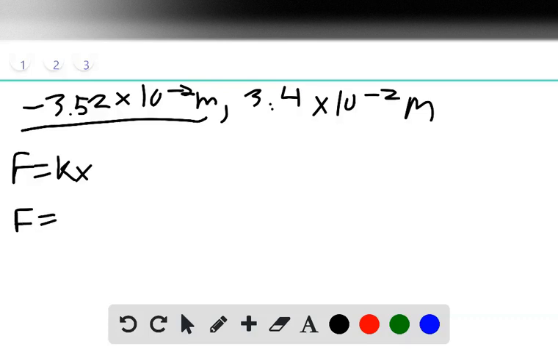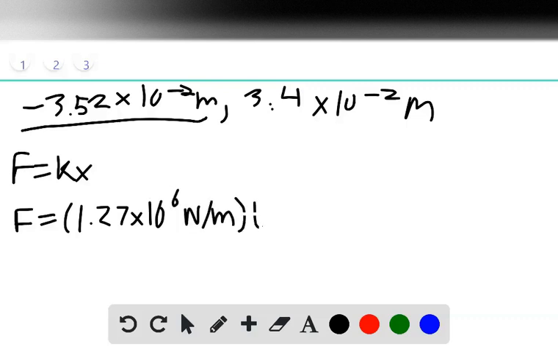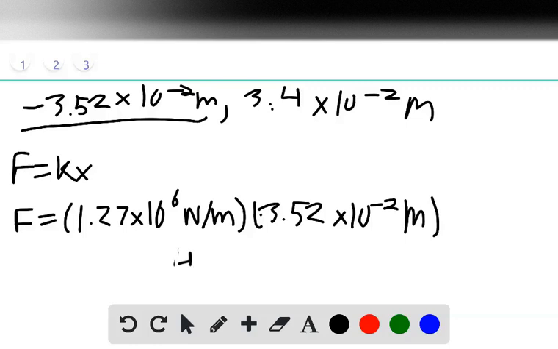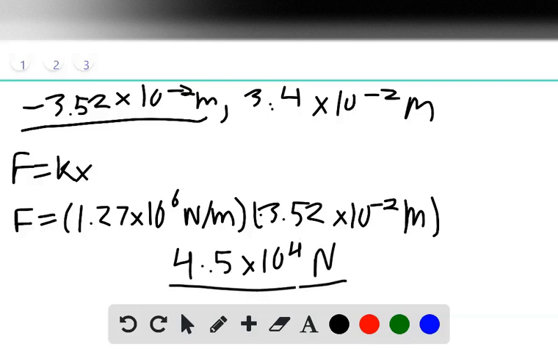F equals the k that we solved for, 1.27 times 10 to the 6th newtons per meter times 3.52 times 10 to the minus 2 meters. And that's going to give us a reading of 4.5 times 10 to the 4th newtons. Much higher when you jump down on a scale than when you just stand on it.